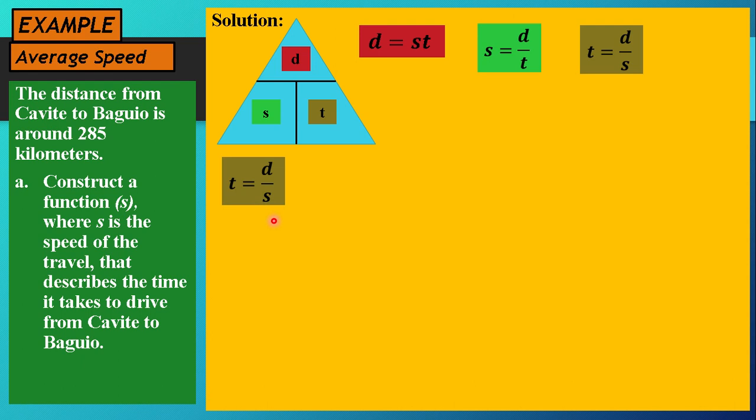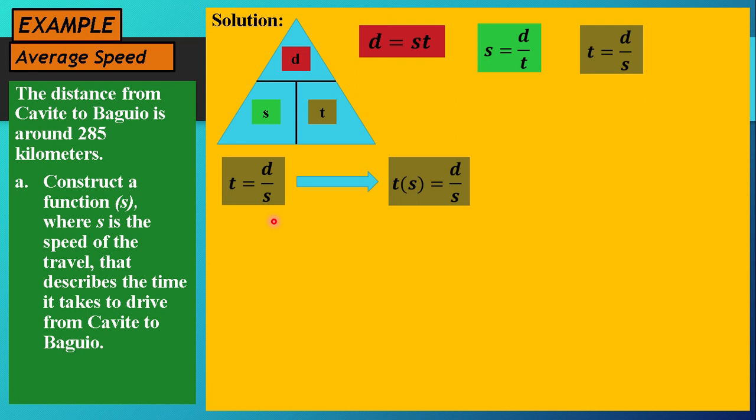The problem is asking us to construct a function S na nagde-describe sa oras na magugugol sa biyahe from Cavite to Baguio. Therefore, that is T of S is equal to D over S. Ibig sabihin yan, yung time ay dependent sa speed. Meaning, yung oras ng biyahe from Cavite to Baguio ay nakadepende sa bilis ng pagpapatakbo.